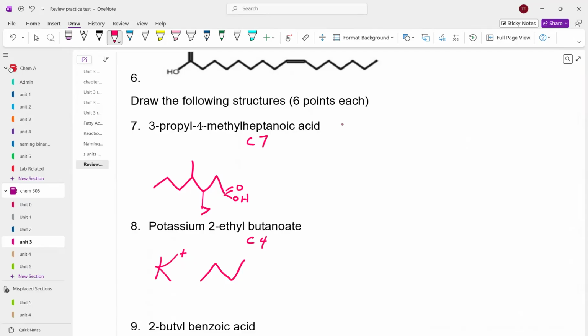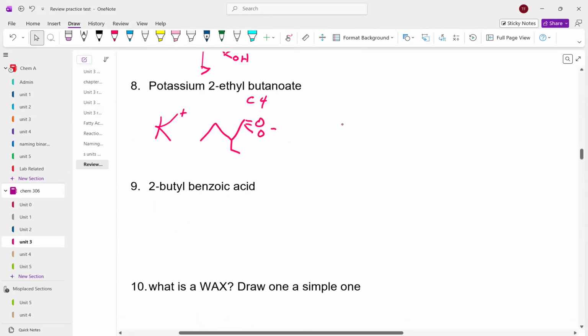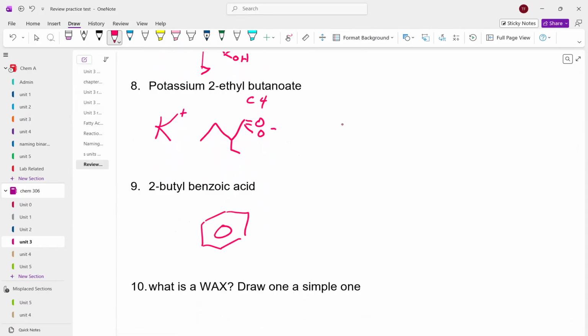And on carbon number 2 is an ethyl. Here's plain old benzoic acid.